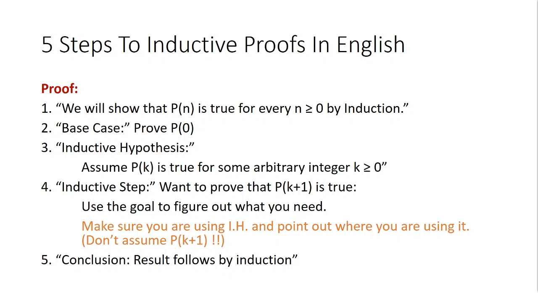So now we need to prove P of k plus 1 is true. If that is true, the implication is also true, and P of k is true as well. That means P of n is true for all cases n.